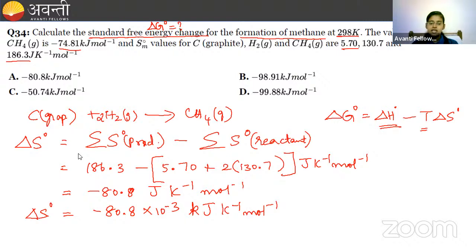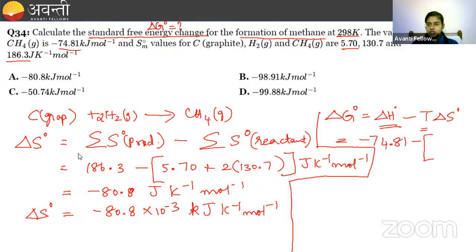So now this is the value of delta S. Now we can substitute this in the required equation. So delta G is equal to delta H minus T delta S. Delta H is minus 74.81, minus temperature, which is 298 Kelvin, into delta S, which is minus 80.8 into 10 to the power minus 3 kilojoule per Kelvin per mole.